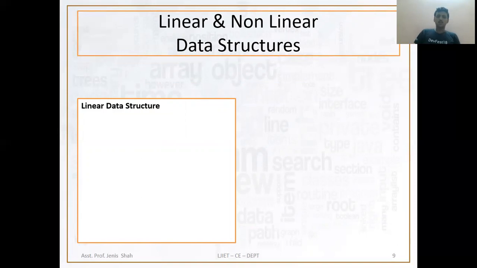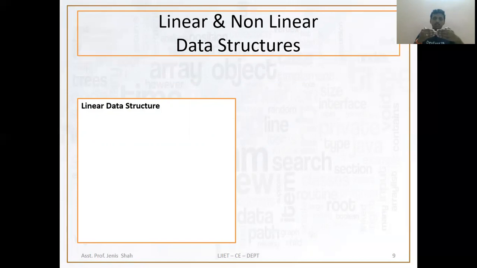Students, tell me what first comes to your mind when you hear the word linear. Linear means sequential. If the numbers 1, 2, 3, 4, 5, 6 are stored in memory in a sequential fashion, then it becomes linear. Now tell me, in the examination hall, if you are sitting roll number wise, 1, 2, and 3, then who is seated in front of roll number 2?